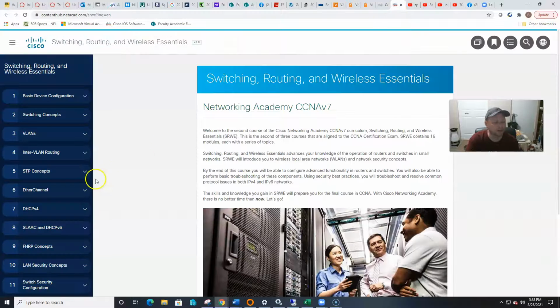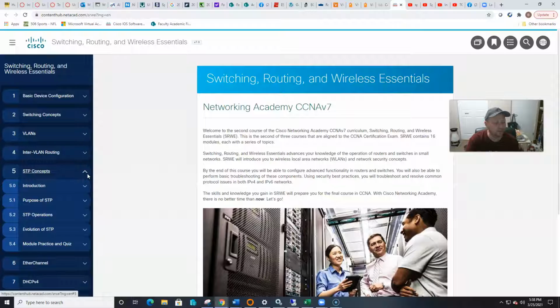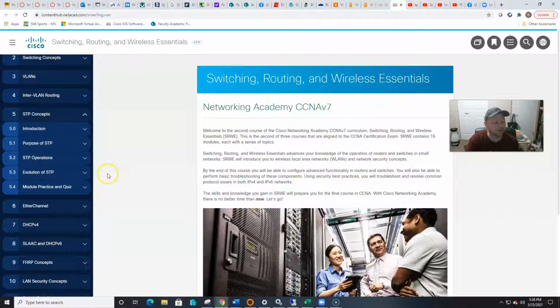Going back to the Cisco Academy, you'll see that Chapter 5 has just 4 sections. The first section talks about the purpose of spanning tree, and the second section gets into the operation of spanning tree, and we'll take a look at something related to that in just a second. 5.3 talks about the evolution of STP.